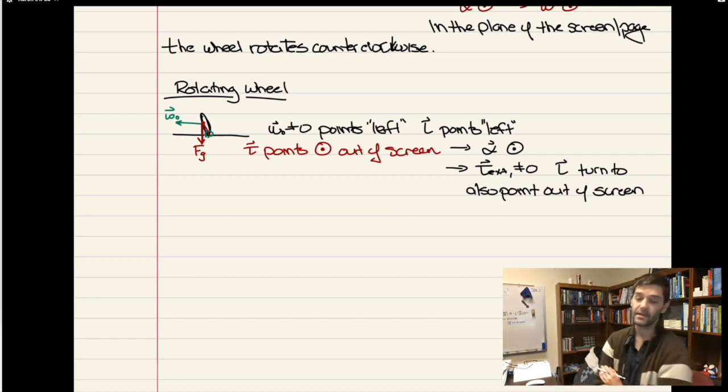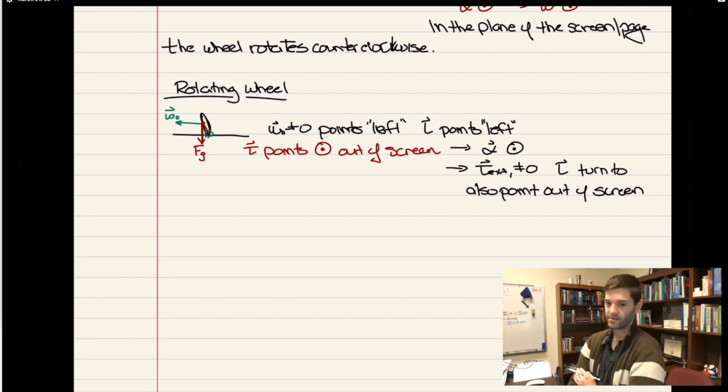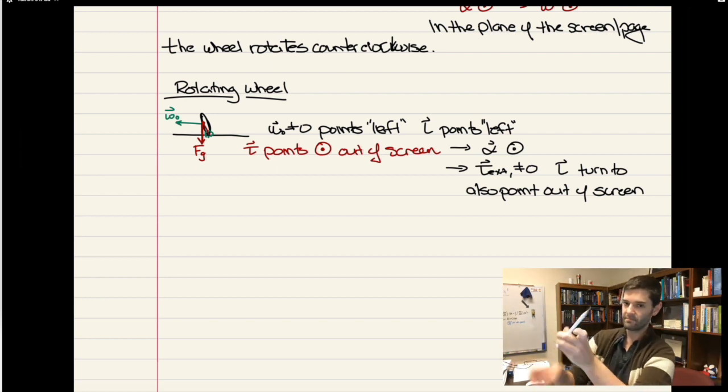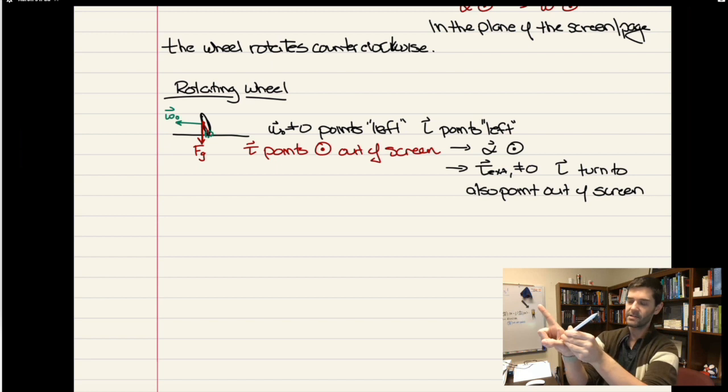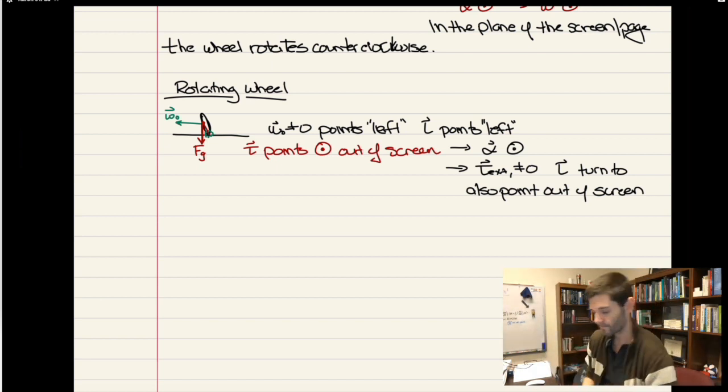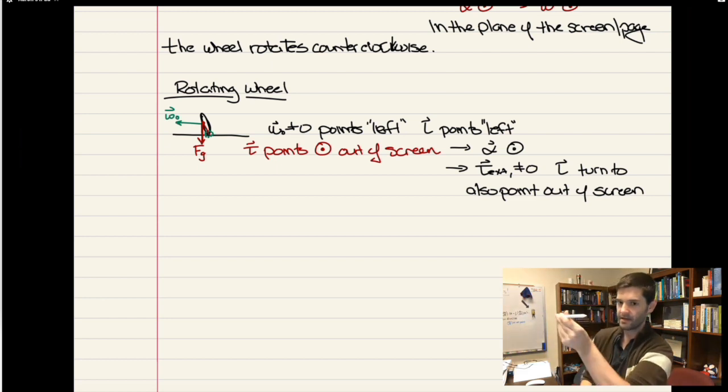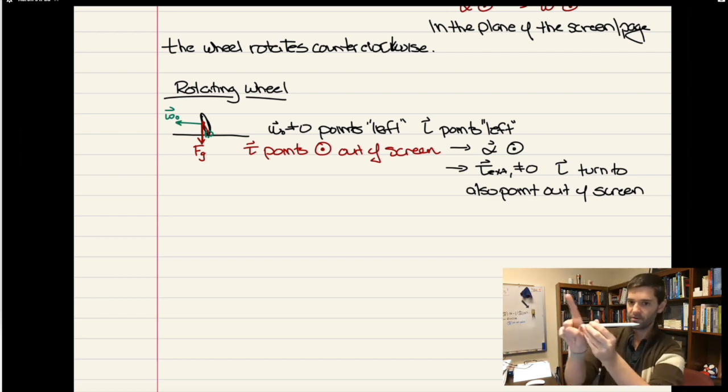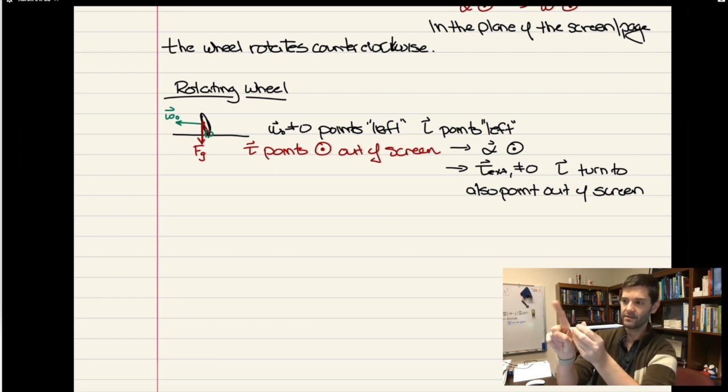Or you can, if you want, think of this in terms of omega. Just how we saw if there's an acceleration this way and my velocity is this way, given enough time, the velocity is going to move itself to point in the same direction. In this case, I have an angular acceleration this way, perhaps an angular velocity this way. Eventually, the angular velocity is going to want to turn towards this direction.